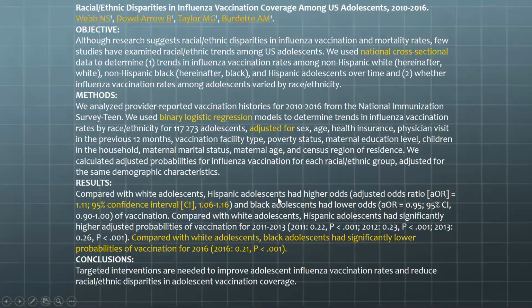This group, the Hispanic adolescents, had a higher odds of vaccination compared to the whites, and Black adolescents had a lower odds of vaccination compared with white. So these are adjusted odds ratios, abbreviated AOR.